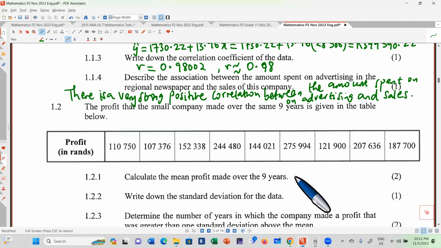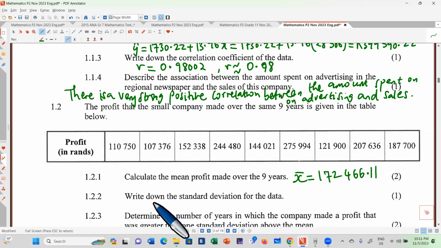So we write X bar is actually equal to 172,466.11. That is the mean profit. X bar 172,466.11. And then we are done with that one.